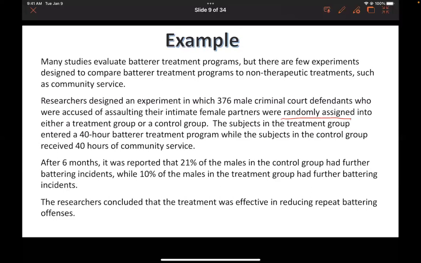Go ahead. So the control group is the group of people that didn't have any... I always get that confused, and even in other science and math classes, the control group is the part... No treatment. Right. So community service was the basic thing that they sent these men to do. This was like the normal.